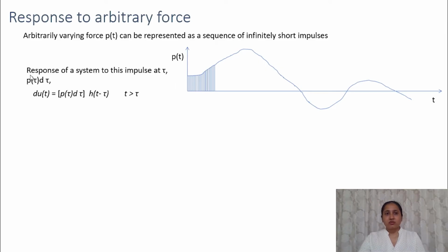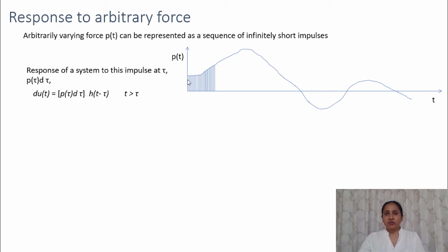So the response of a system to this one impulse at say time tau will be equal to, the impulse will be equal to the force times the duration of the impulse. So that would be the force at that time tau, that is p tau, multiplied by the infinitesimal duration, that is d tau.